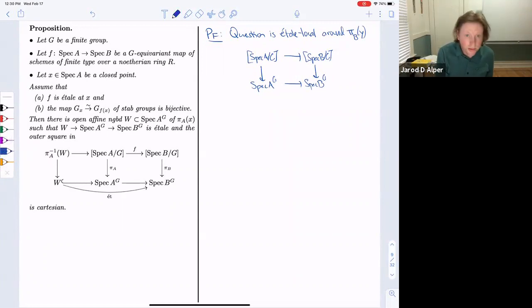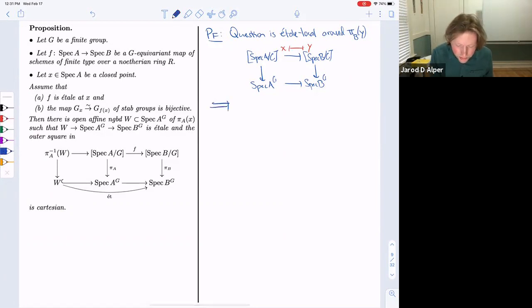And so like in the last case, I want to argue that the question is étale local around the image of Y. So here maybe we have our points X mapping to Y. Maybe since I'm taking longer than I thought, I'll skip that step, but it is étale local.